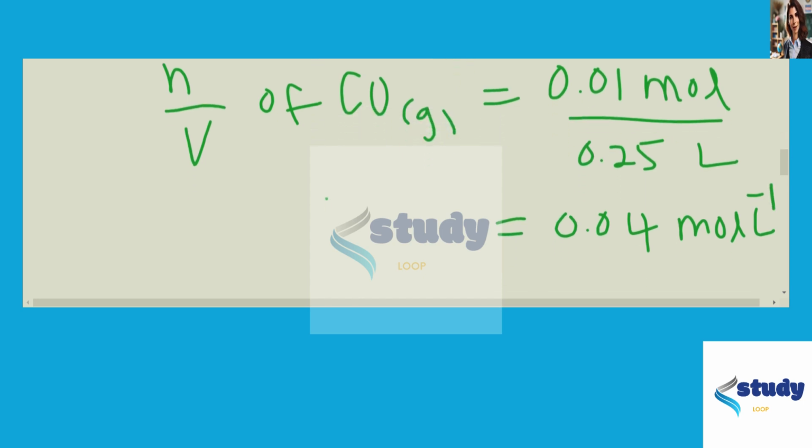This is the concentration of CO gas present in the tube at 298 Kelvin and 1 atm pressure.